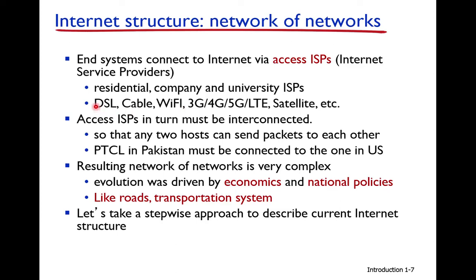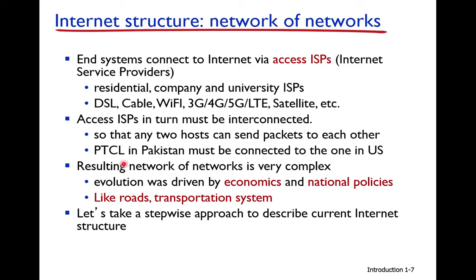If a user on DSL wants to send data to a user that is connected through Ufone via 3G, the PTCL ISP must be connected with the Ufone ISP. They must be connected so that any two houses belonging to different ISPs can send data to each other.